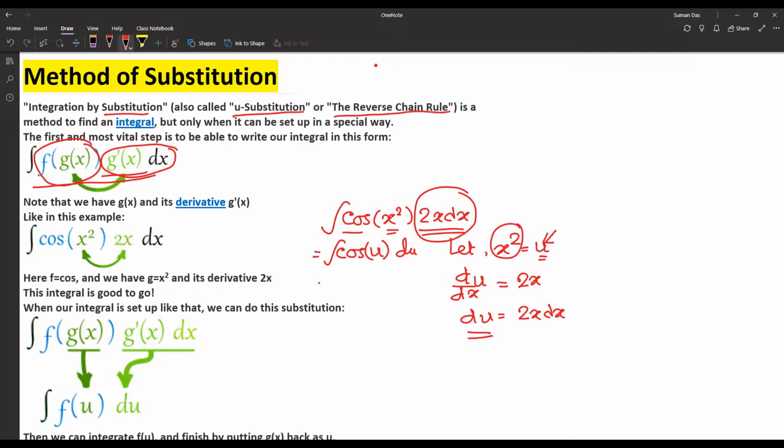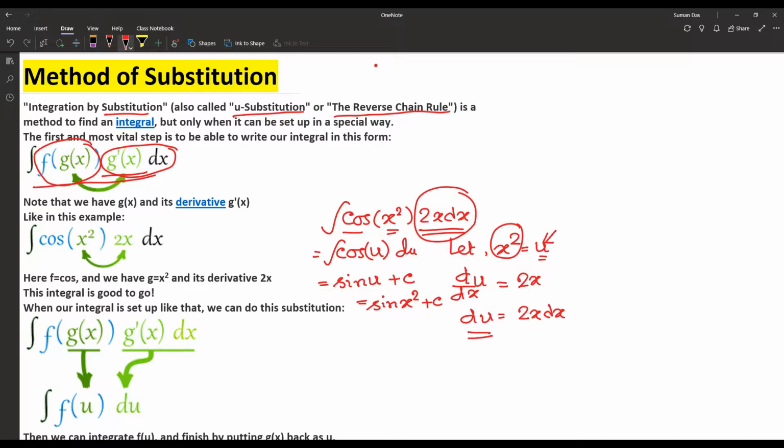So simply we can say the result is sin u plus the integration constant, and as u is equal to x square, we may write it as sin of x square plus c.